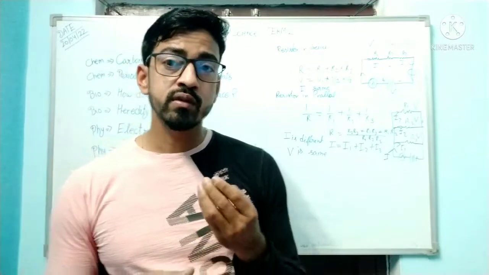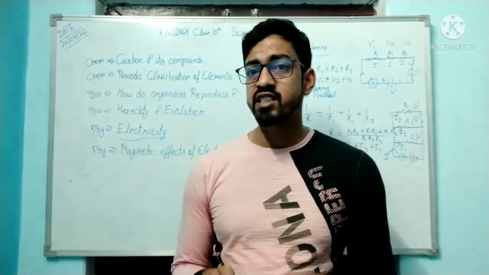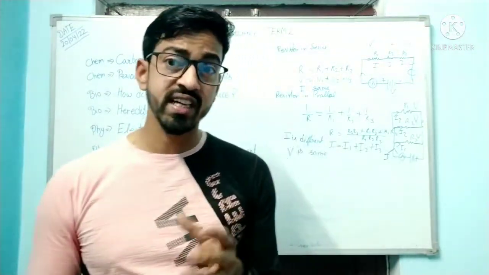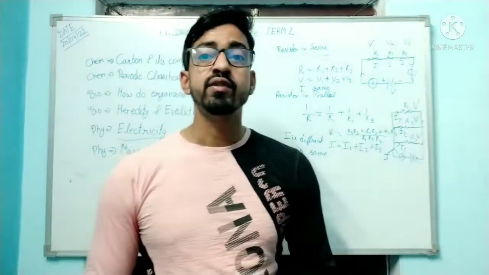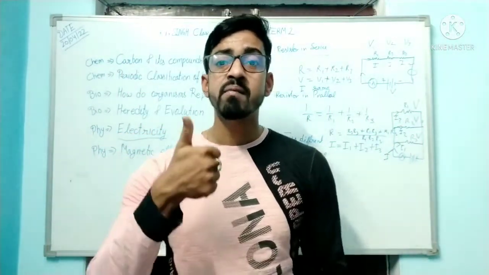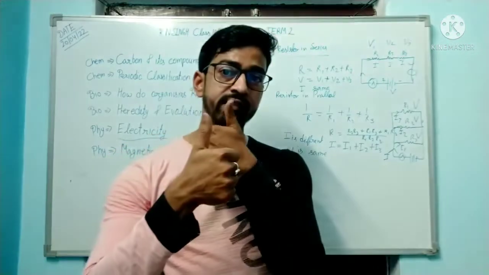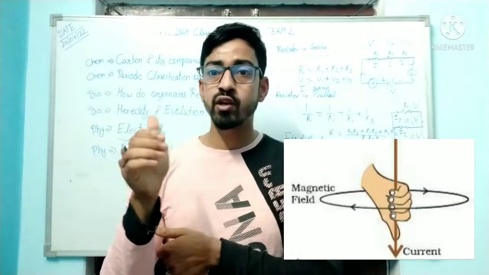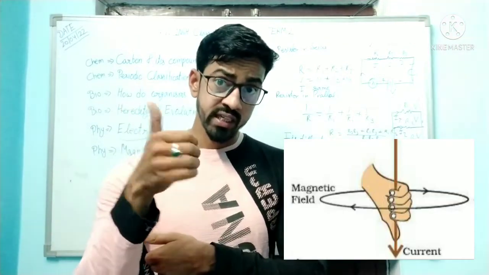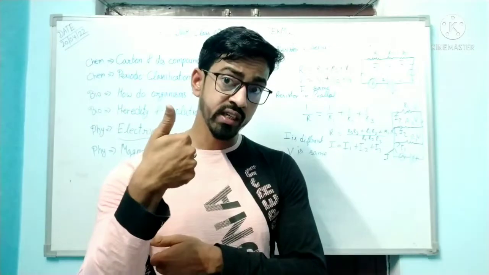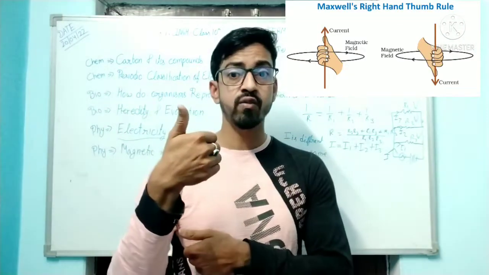The rule for the direction of the magnetic field was explained by Maxwell: the right hand rule. If the thumb represents the direction of current in the wire, then the curling or enclosing fingers show the direction of the magnetic field, anti-clockwise.